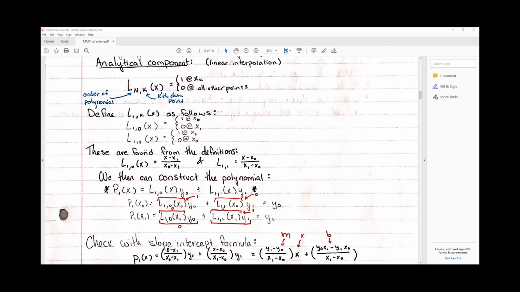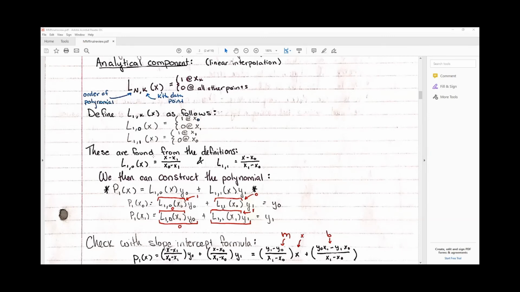Depending on the order of your function, you're going to have L sub n,k, and your k for Lagrangian only goes up to n in this case, and that's surely because of the definitions that we have of these interpolators.